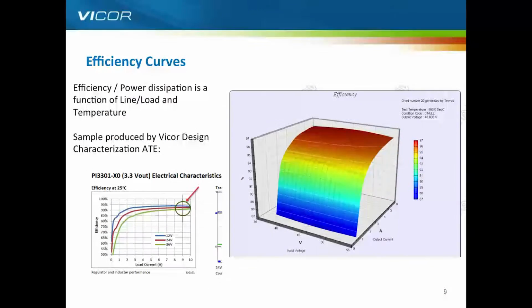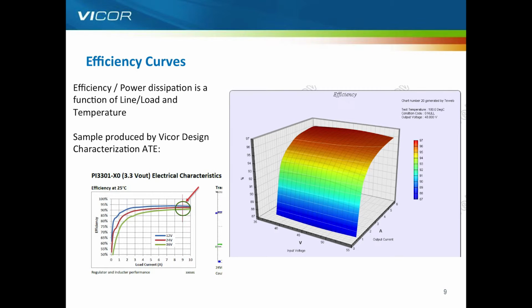Now, one thing just to back up and highlight: when you look at Vicor's data sheets, when we provide our efficiency curves, our efficiency numbers and the majority of our component data, it is taken off of a very sophisticated ATE type system.